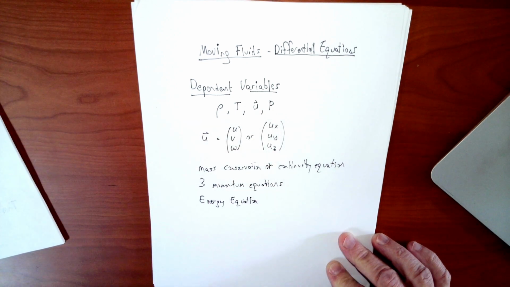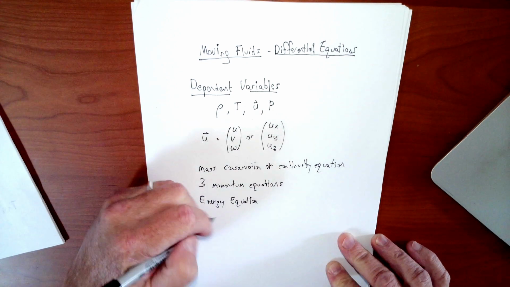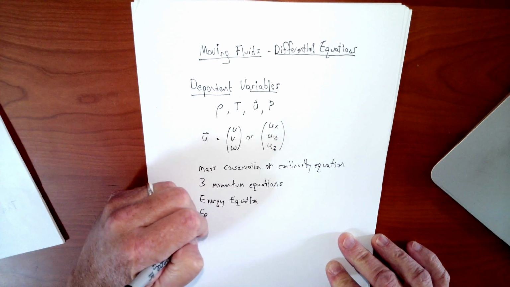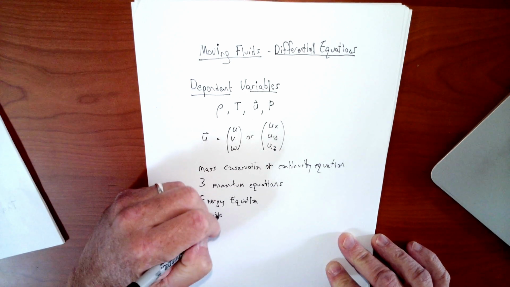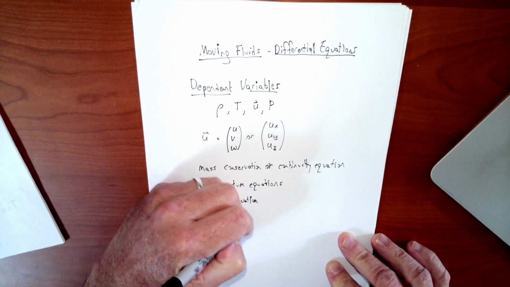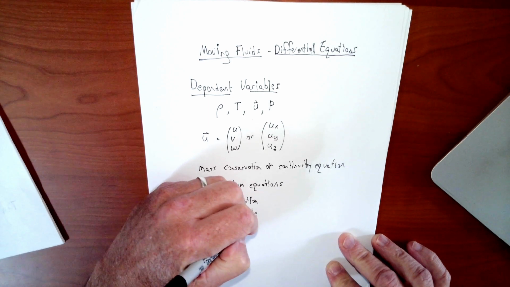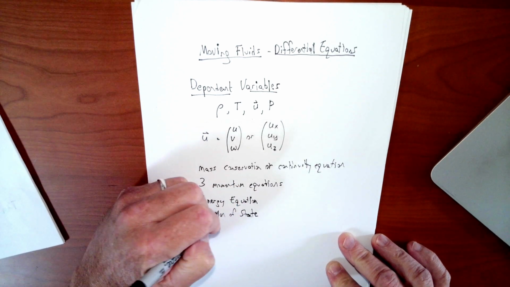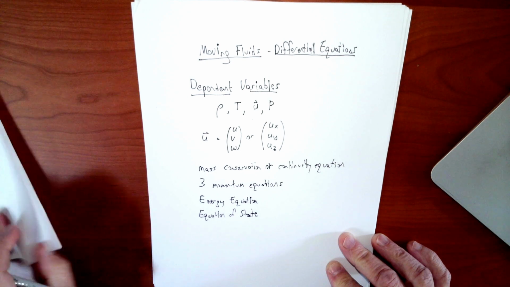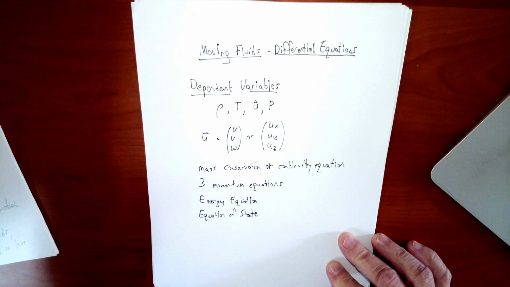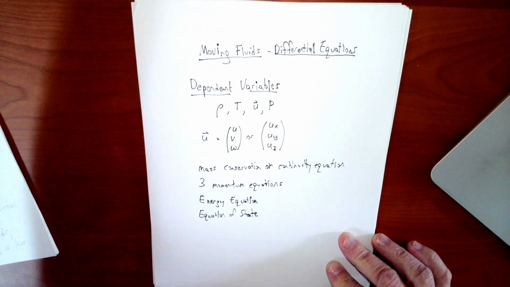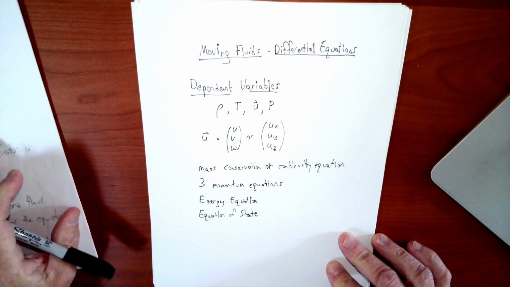So we're going to use the energy equation. And then finally, as your sixth equation, you have the equation of state. So this essentially tells you something about the fluid. An example of equation of state, of course, is the ideal gas law. So it gives you a relationship between pressure, temperature, and volume.